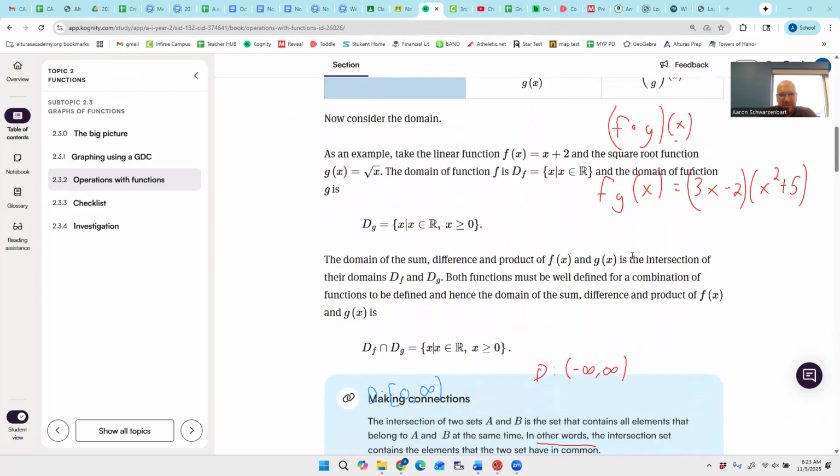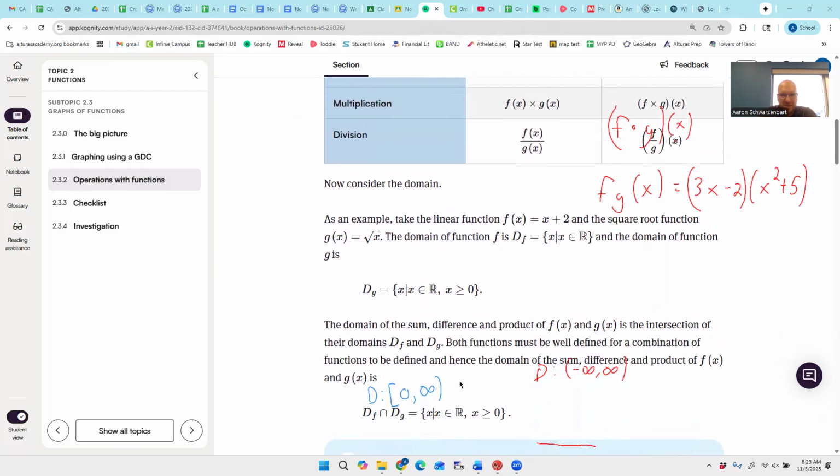What is the domain of the sum, difference, or product? If it's a quotient, you would have to remove the 0 because you can't divide by 0.